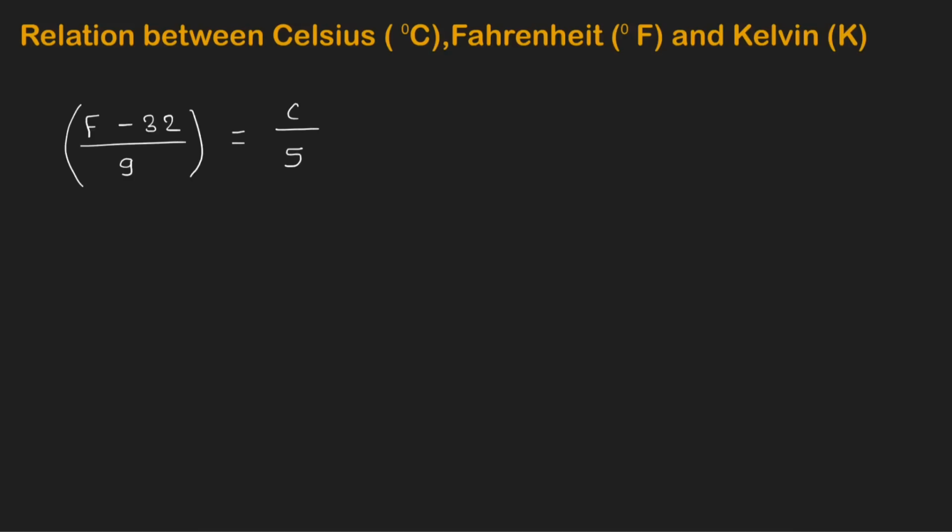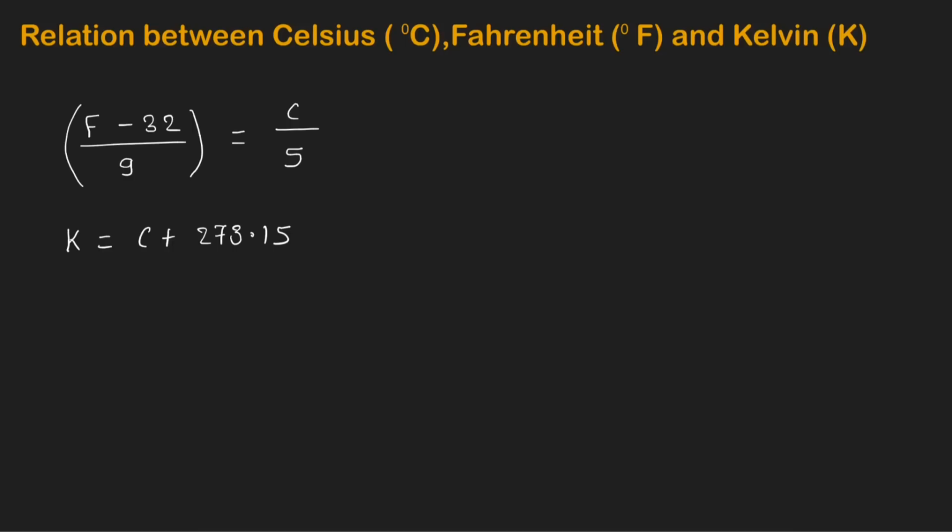This is the relation between Fahrenheit and Celsius. Now Kelvin: K is equal to C plus 273.15. This is the relation between Kelvin and degree Celsius.